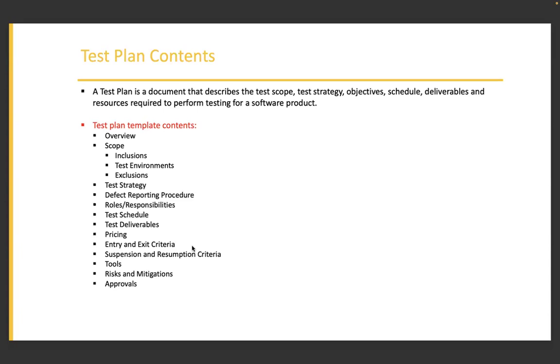Based on this, they create the next sets of documents, which are completely dependent on how accurate the test plan is. Please remember, that's the reason the test plan document is very, very important.